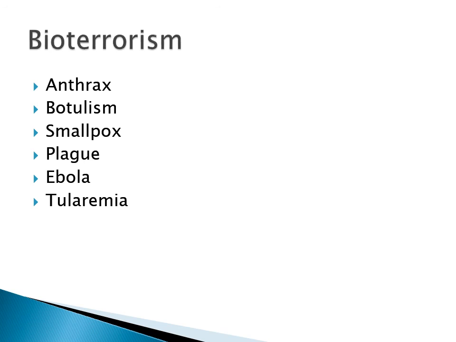We'll be taking a look at these 6 agents that are used in bioterrorism in class in more detail, but I want you to take a look at your table 46-3.